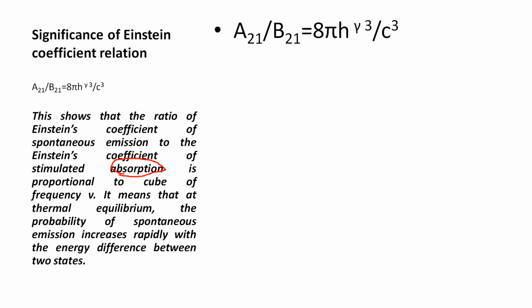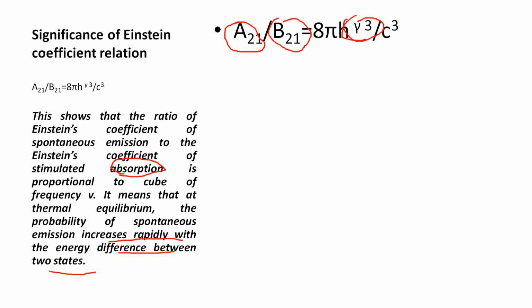It means that at thermal equilibrium, the probability of spontaneous emission increases rapidly with the energy difference between the two states. So the more the frequency, the more the spontaneous emission and the lesser the stimulated emission.